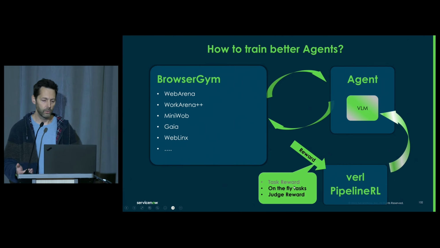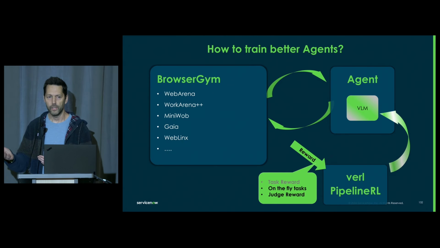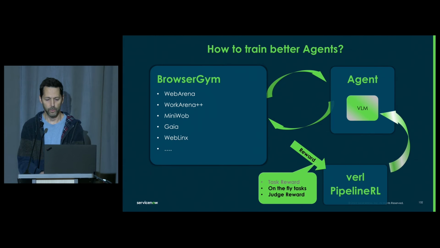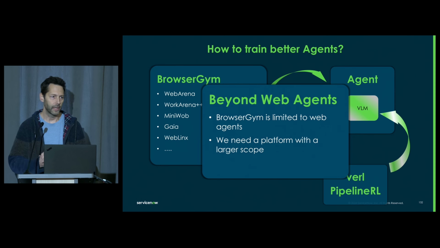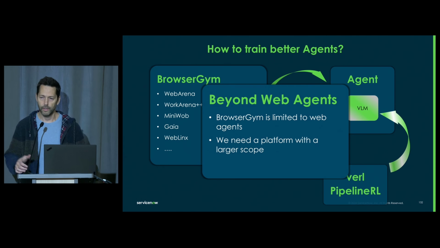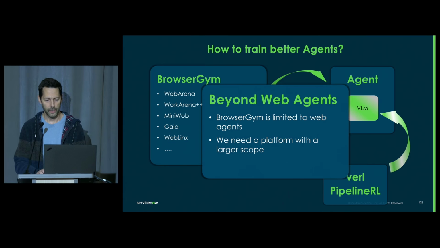So what you can do is leverage those environments with maybe a roaming agent that just explores in an unsupervised way, creates tasks, and leverages judge models and synthetic data like we learned today. So yeah, this is very interesting. We've been doing that for some amount of time now, but we feel ready to go beyond just web agents and really explore a broader context.